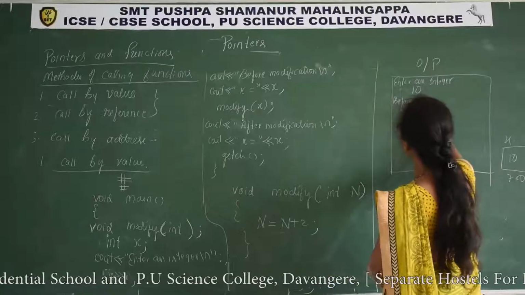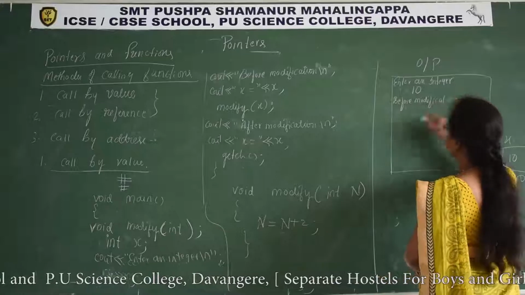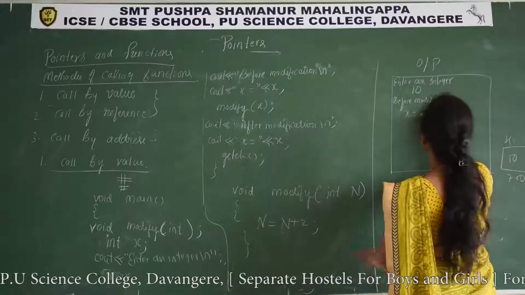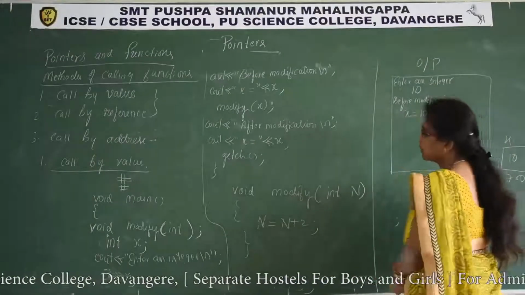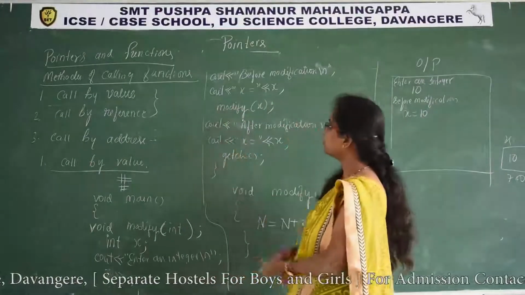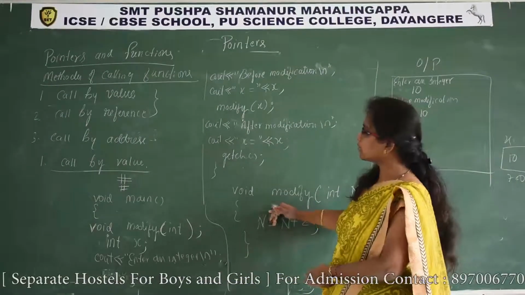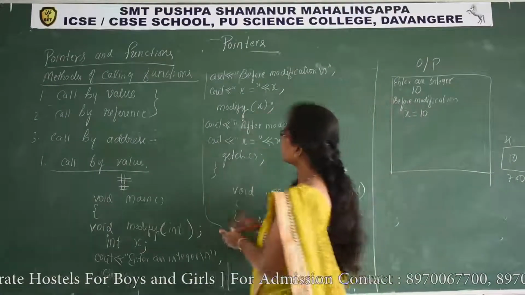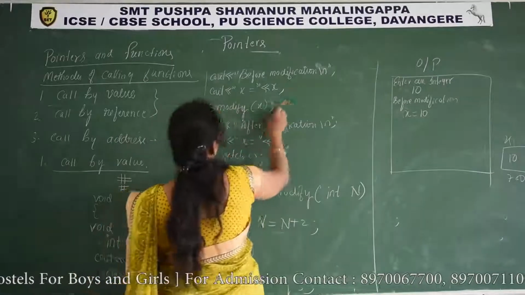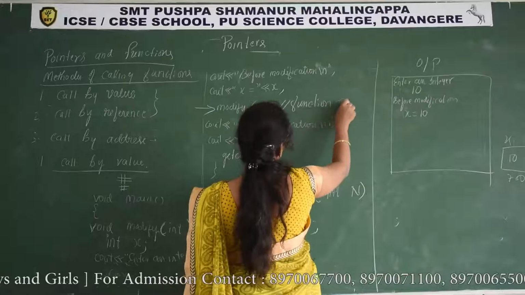Before modification, x is equal to x. What is there in x? 10 is there, so it will be displayed. What is the next statement here? Modify is there. So what does it mean? Further there is a function called modify. So this is a function invocation, this is called a function call.